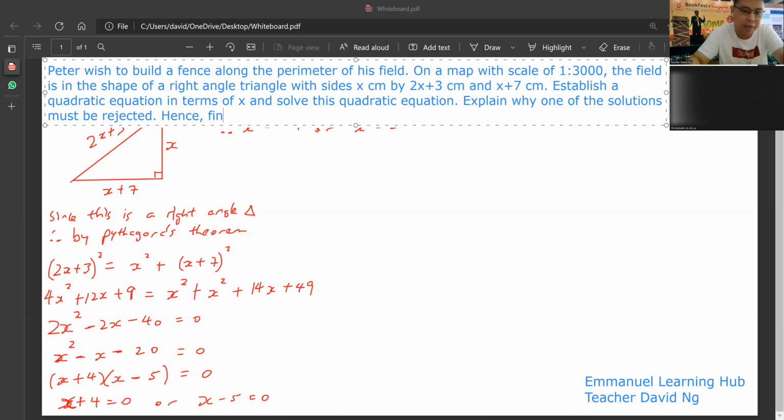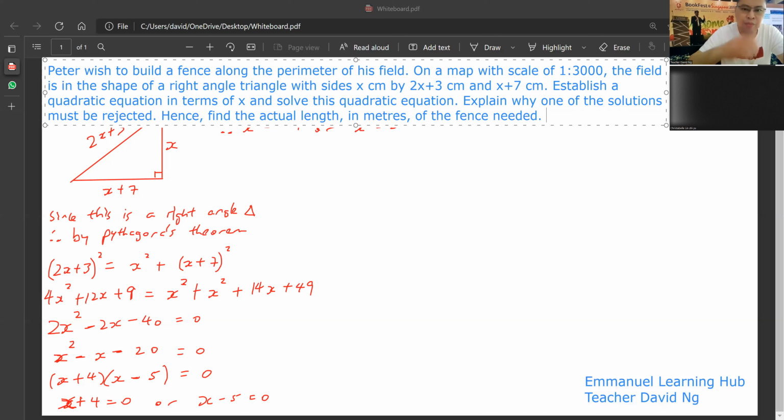Hence, find the actual length in meters of the fence needed.